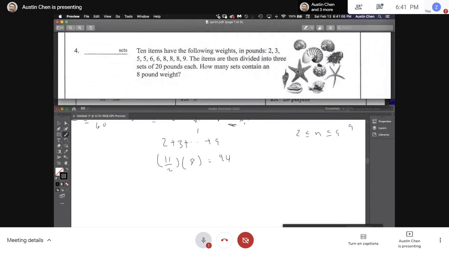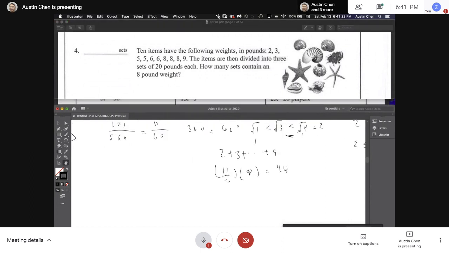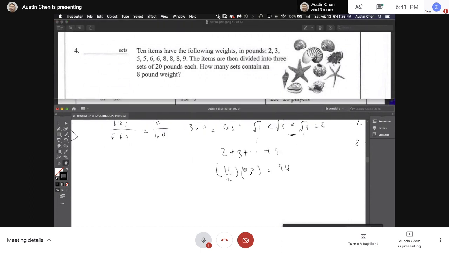Okay. 10 items have the following weights in pounds: 2, 3, 5, 5, 6, 6, 8, 8, 8, and 9. The items are then divided into 3 sets of 20 pounds each. How many sets contain an 8-pound weight? Okay, so we have 10 weights. We need to divide them into 3 groups so that each group has 20 pounds.